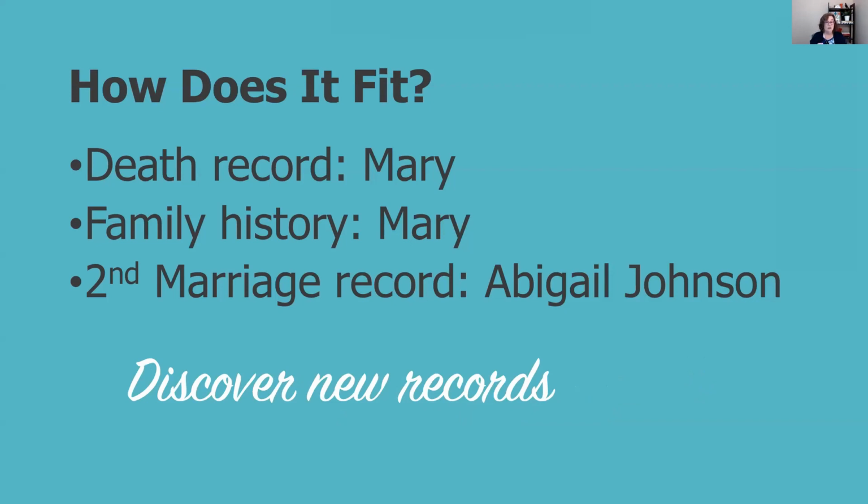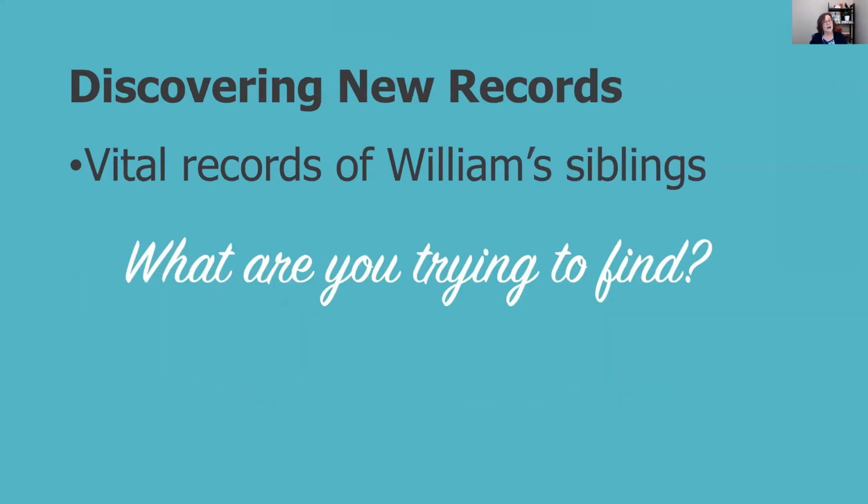Maybe we need to discover new records. Because remember, we had a whole nice long list of things that were missing, including those vital records of William's siblings. So we need to find, okay, we have William's siblings. We now need to find their birth records, marriage records, and death records. So going back to new research questions for them so that we can find those records.